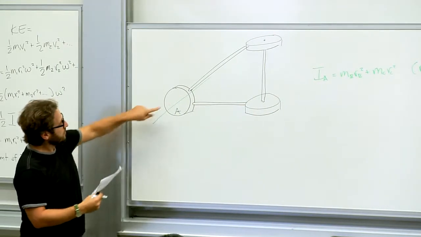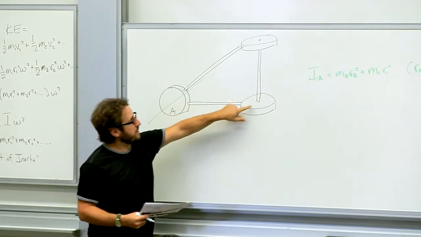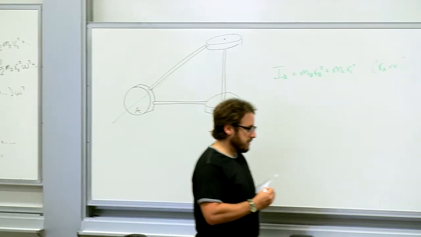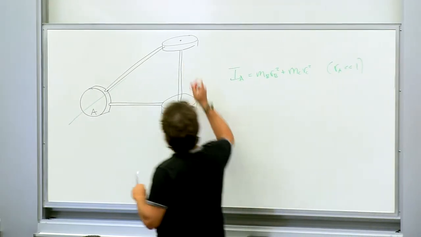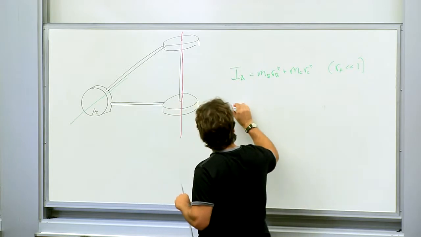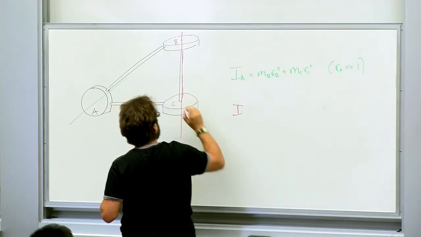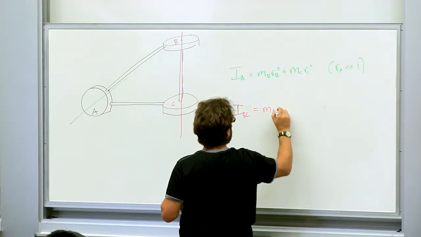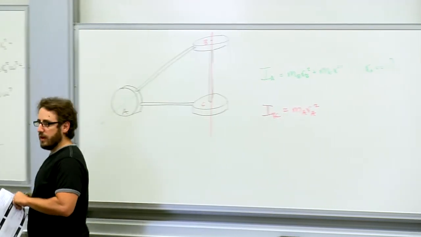Okay, so if you try to rotate this thing through here, then it's going to be dominated by these two masses, right? Whereas if instead you had chosen to rotate it through here, call this B and C, then it would be essentially just determined by A, right?